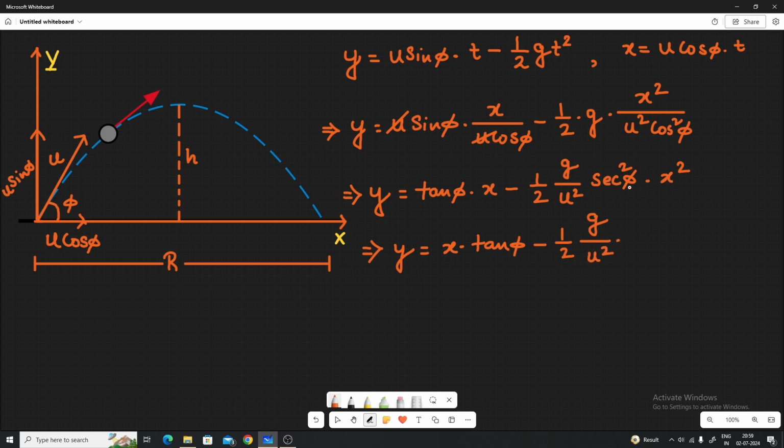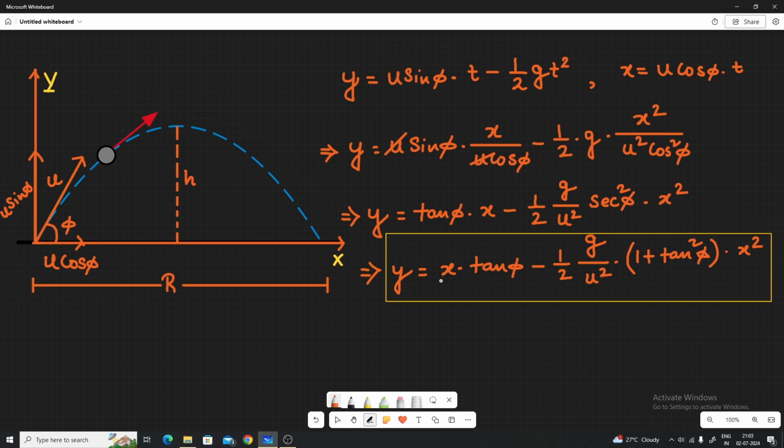The value of sec square phi is equal to 1 plus tan square phi. So, 1 plus tan square phi into x square. Now this is the desired equation we are finding.